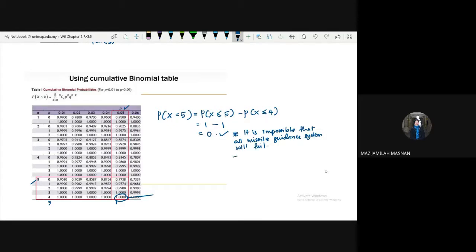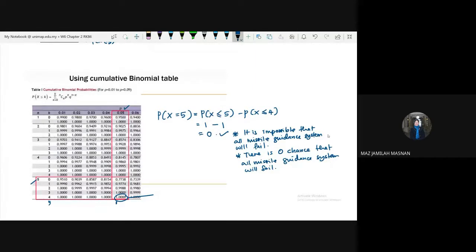Or you can say there is zero chance that all missile guidance systems will fail. Okay, now what else did it ask?